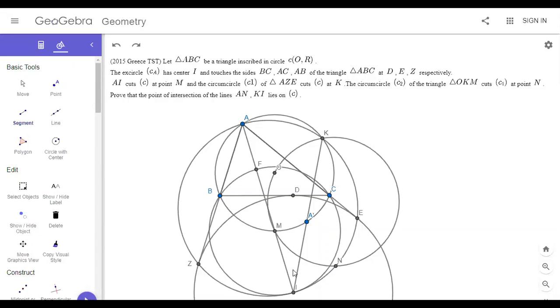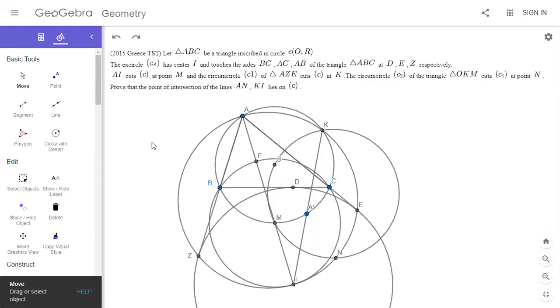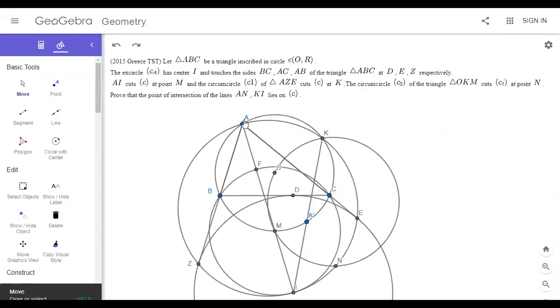And angle AKA prime is also 90 degrees, because AA prime is a diameter; we defined A prime that way. That's how we know K, A prime, and I are collinear. So the next step is showing that A prime and N are collinear.